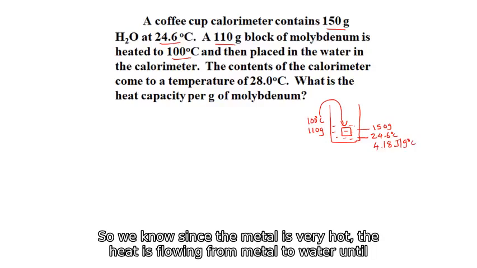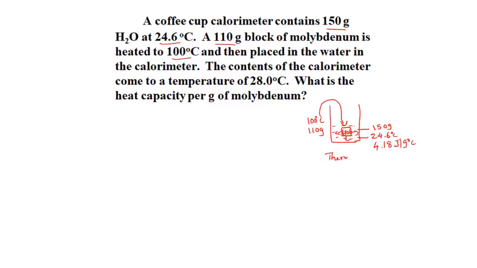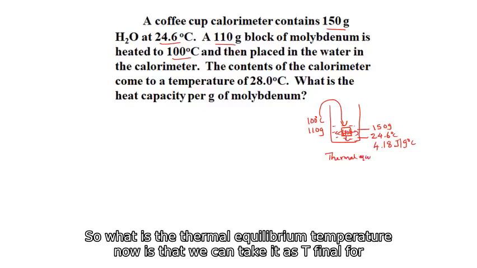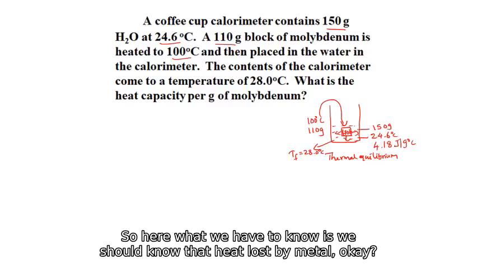Since the metal is very hot, the heat is flowing from the metal to the water until it reaches thermal equilibrium, right? The thermal equilibrium temperature, which we can take as T final for both, equals 28.0 degrees Celsius.